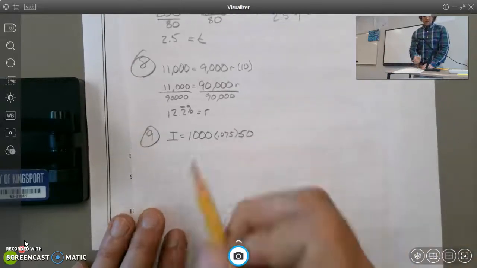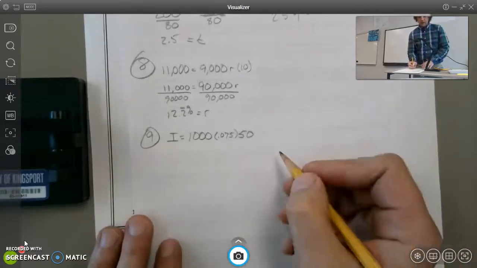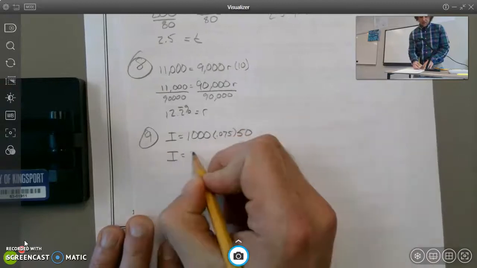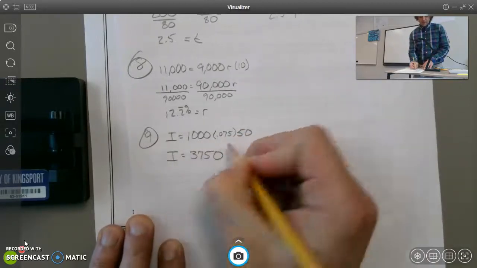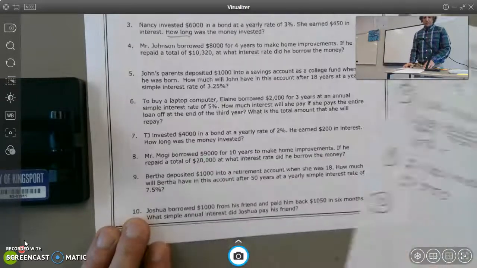So 50 times 1,000, that's 50,000. Times 7.5%. She will have $3,750. All right, number 10, last one.